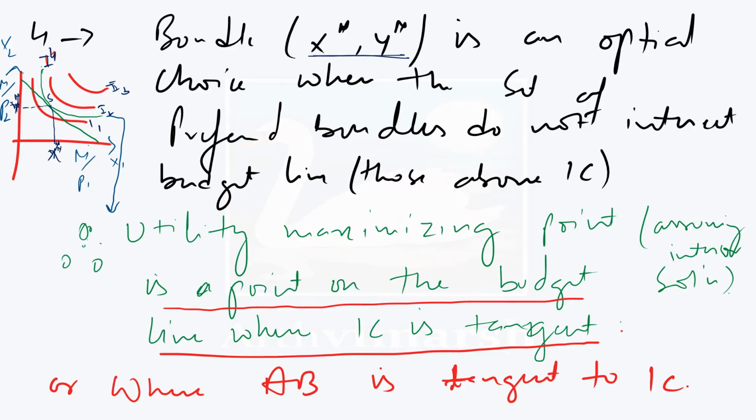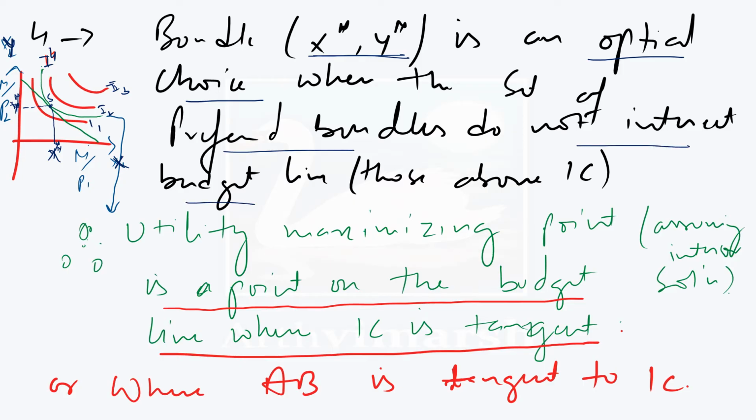I am just changing the representation in the graph, so this is going to be X and this is going to be Y instead of X2. So this point of tangency is going to be the point where we have the optimal choice when the set of preferred bundles does not intersect the budget line.